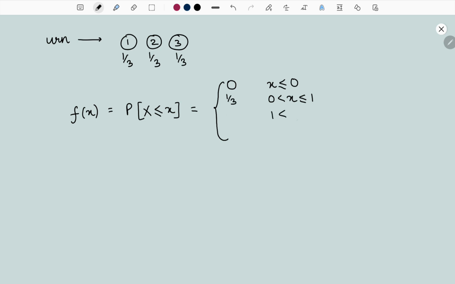Then when the second ball is chosen, x equal to 2, it will be 2 by 3, it adds up. For the third, 3 by 3 for x equal to 3. So here f of x is the cumulative distribution function.